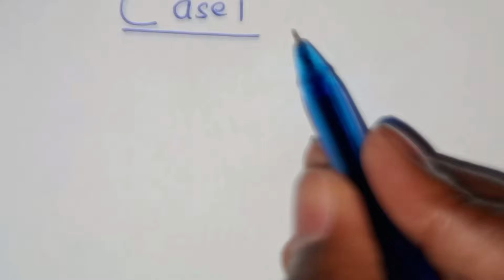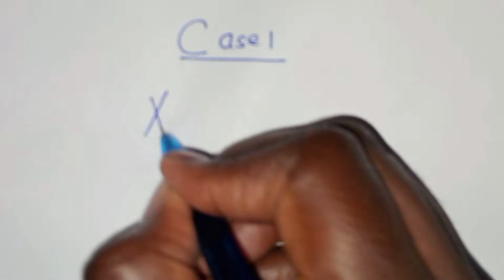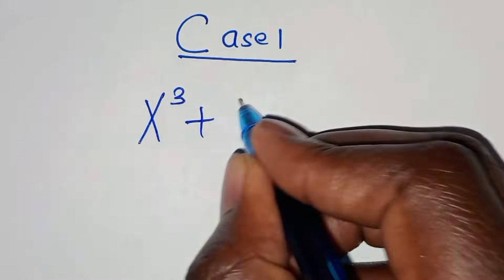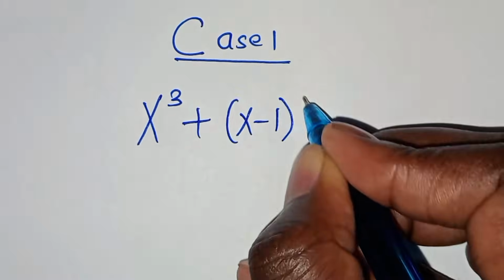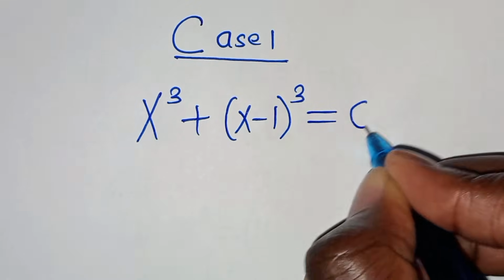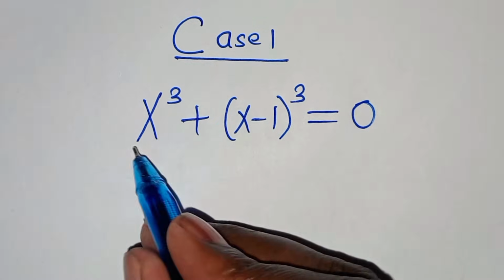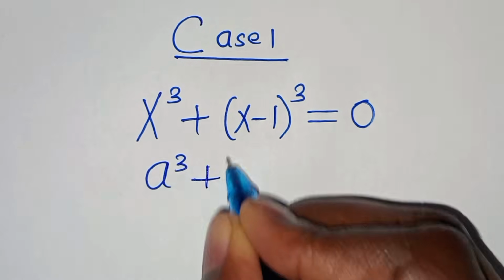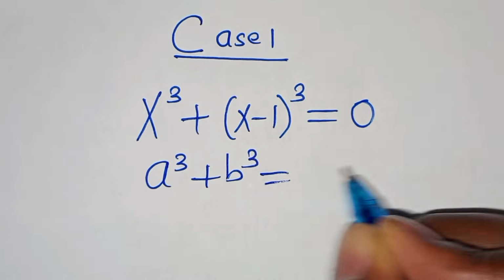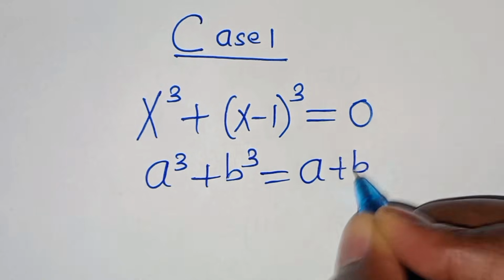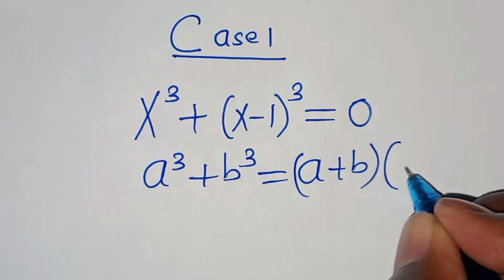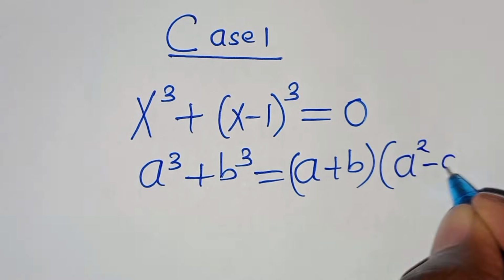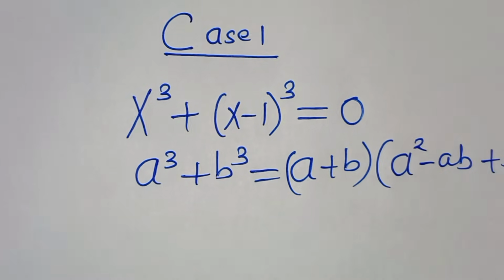Now let's start with case 1 here, which is x to the power of 3 plus x minus 1 raised to the power of 3, equal to 0. This is the sum of two cubes expressed as a to the power of 3 plus b to the power of 3, which we can express as a plus b into the parentheses a to the power of 2 minus ab plus b to the power of 2.